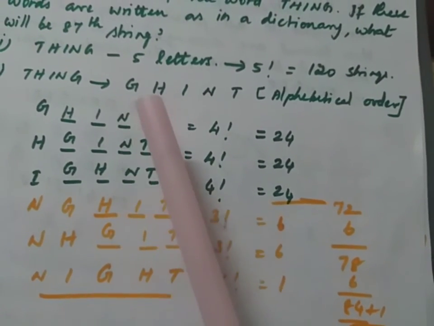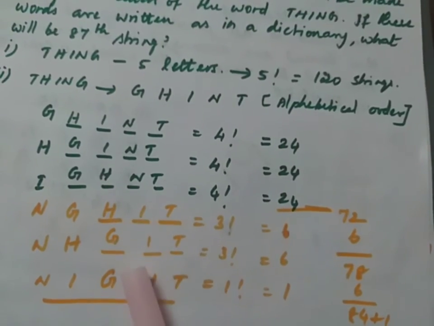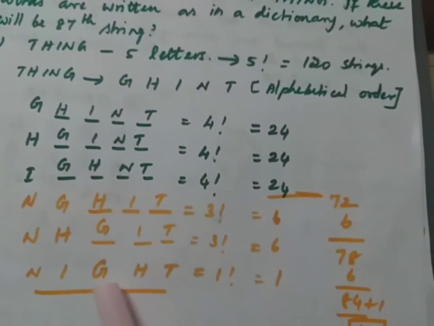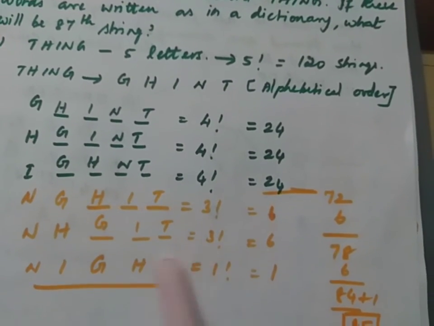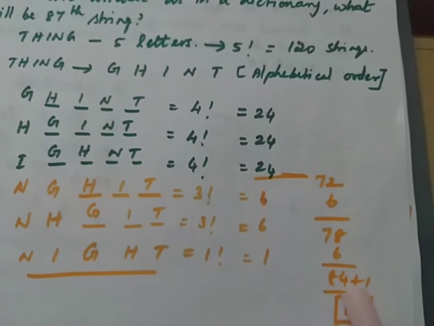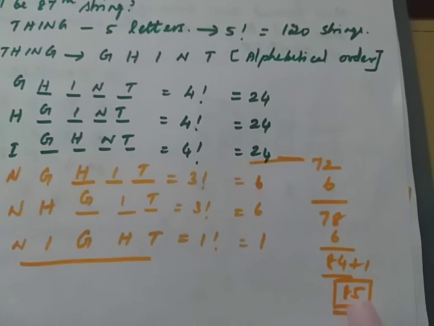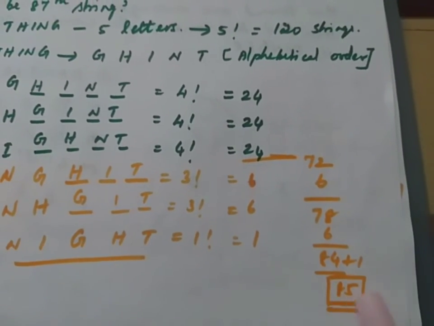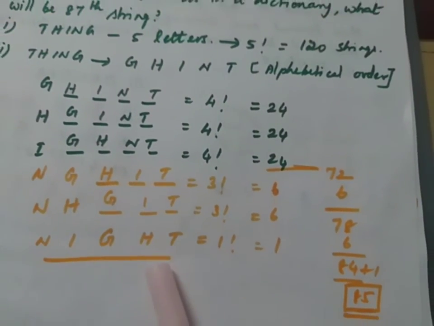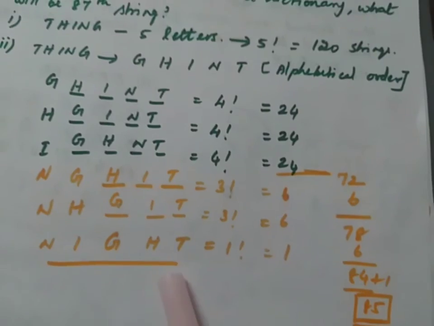G, H, T. So put G, H, T. Here we want to write only one possibility. So this is the word. Put 1 here. Along with this 84, add 1, that is 85. So this 85th string is nothing but the word night. Night. Okay.